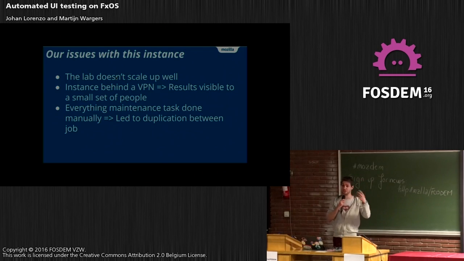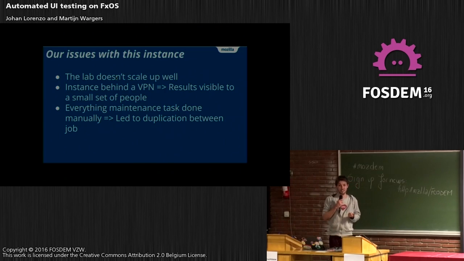bit more problematic. At the beginning, we just added new jobs through the Jenkins UI. We clicked on it and duplicated, copied a job and that kind of thing. It didn't scale very well, and it led to much duplication between jobs.